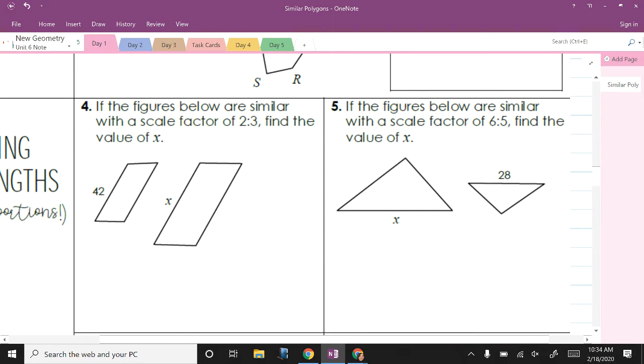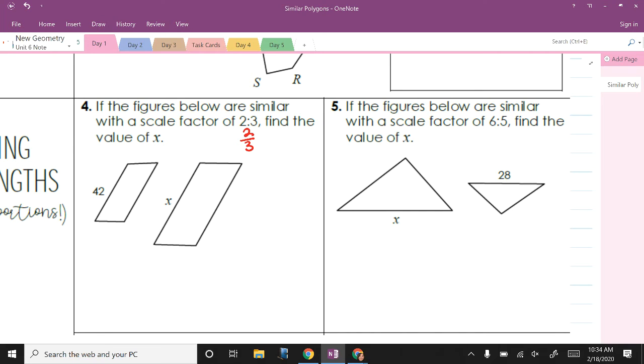It says, if the figures below are similar with a scale factor of 2 to 3, find the value of x. Well, the scale factor is 2 to 3. So that means from this quadrilateral to this quadrilateral, the scale factor is 2/3, right? So instead of writing it with the colon, write it as a fraction. The first one is your numerator always. And your second one is your denominator.